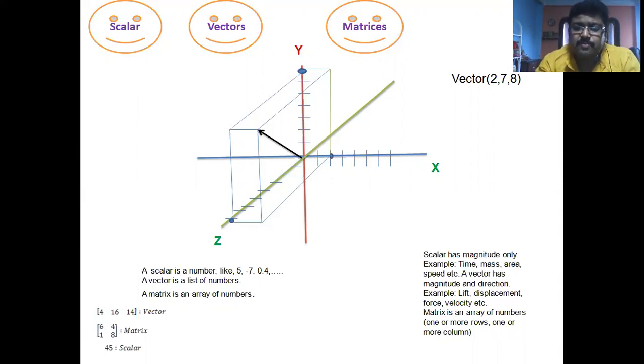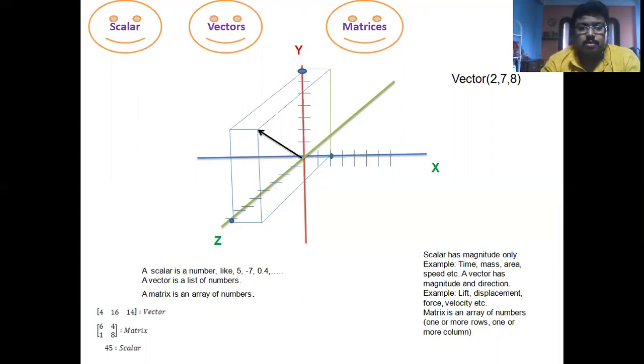For example, lift, displacement, force, velocity all have directions. So these are vectors. On the contrary, time, mass, area, speed do not have any direction. So these are scalars.